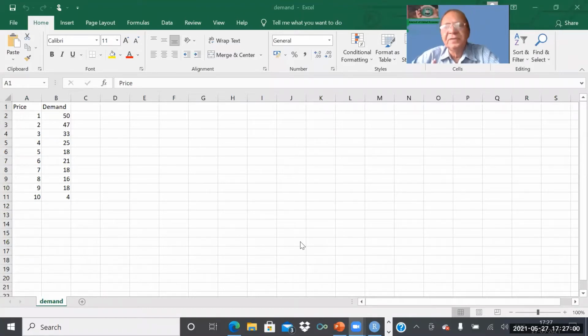If the price is 2 rupees, the dealer can sell only 47. This is only data created by me, but it is actually near the fact. If pens are very costly, people buy less.